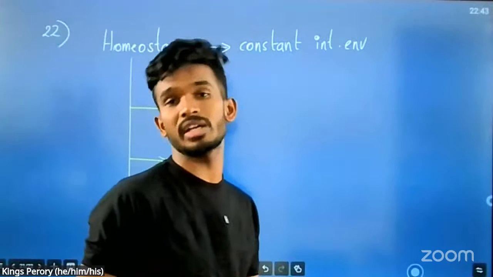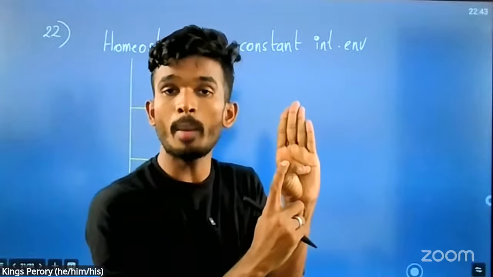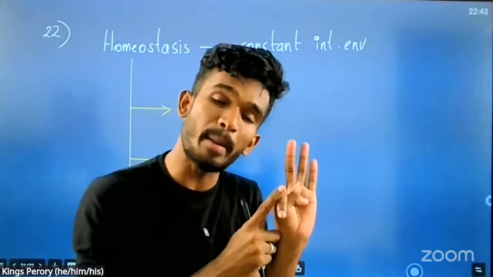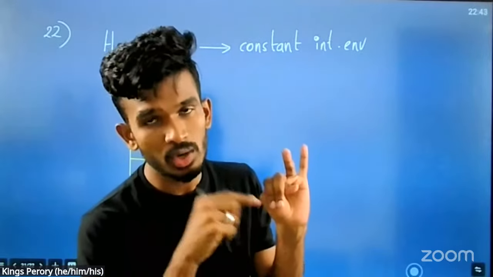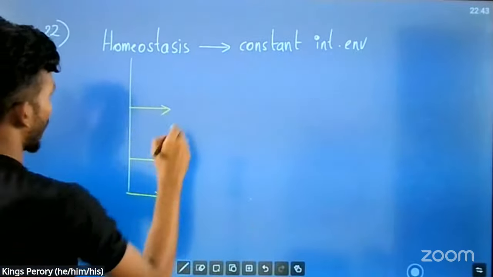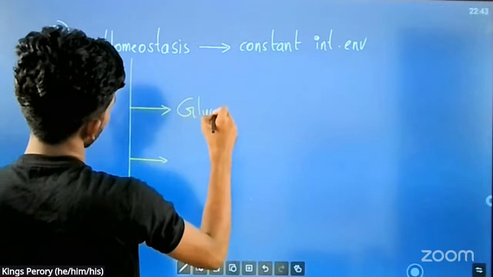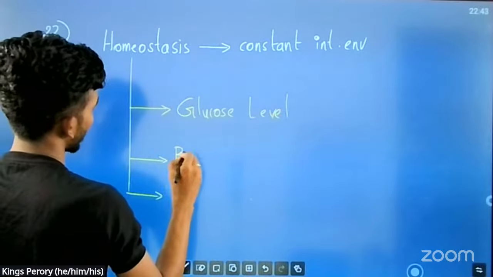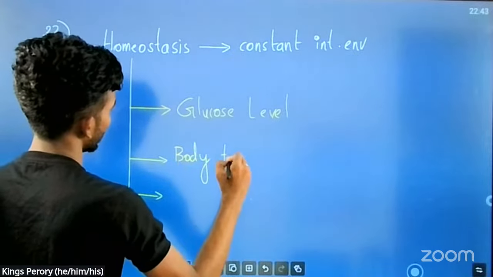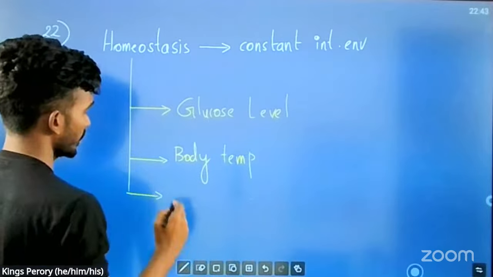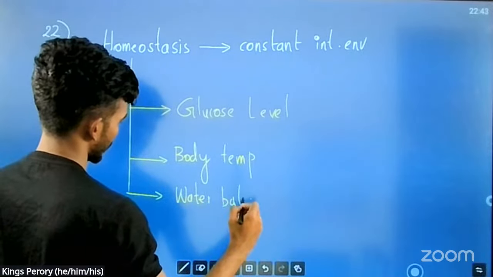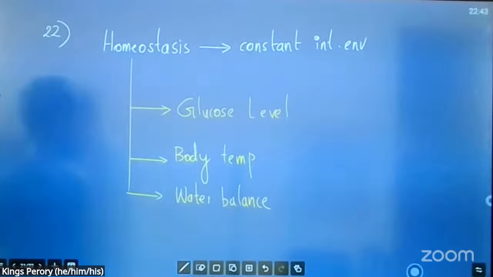One, your blood glucose level. Two, your body temperature. Three, water balance. These are the three factors you try to maintain constant in your internal environment.